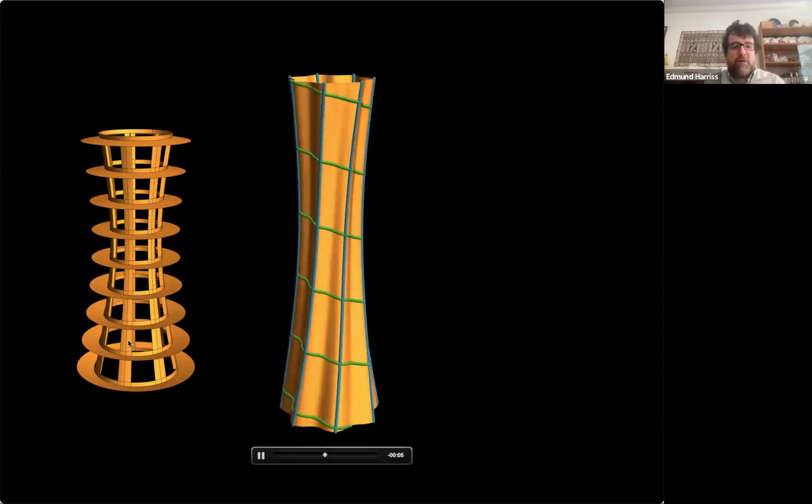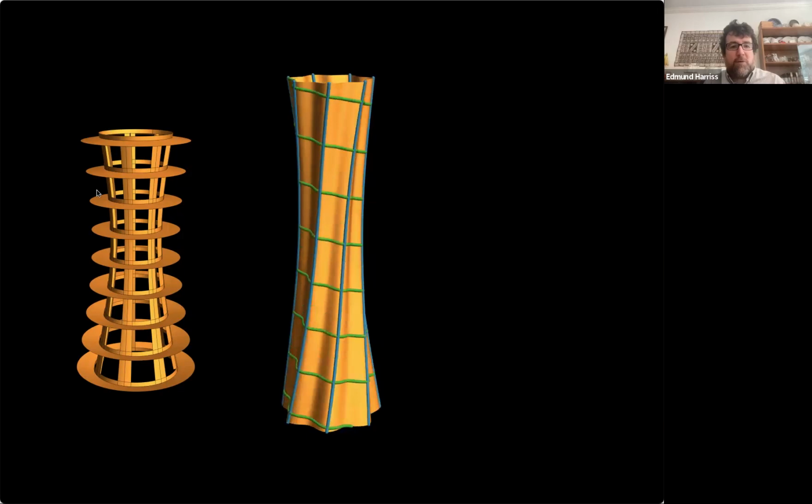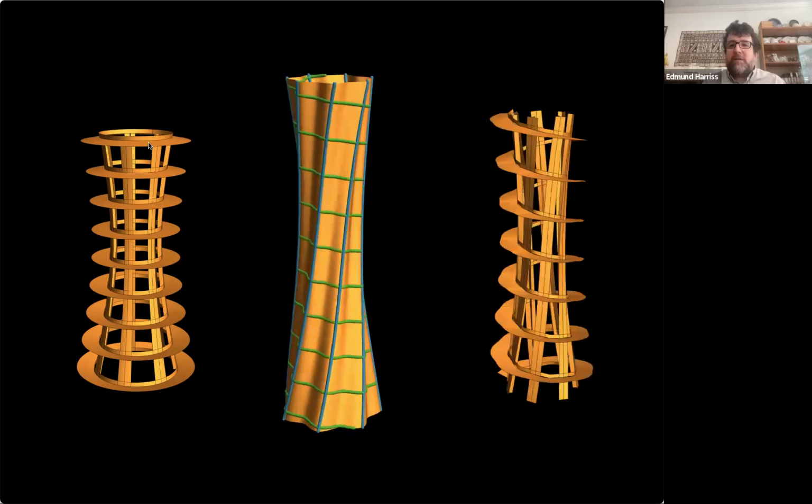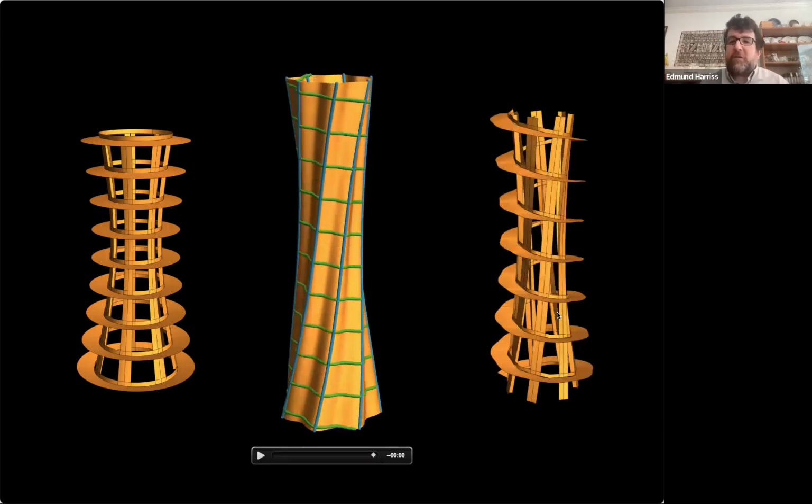So on the left, you see one way to do a hyperboloid. Then we can modify the surface a little bit. So instead of having this grid of points, which is a little boring, we get this nice double spiral with thin spirals meeting this one spiral walkway.